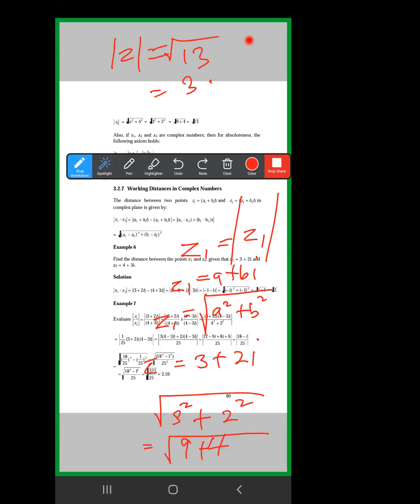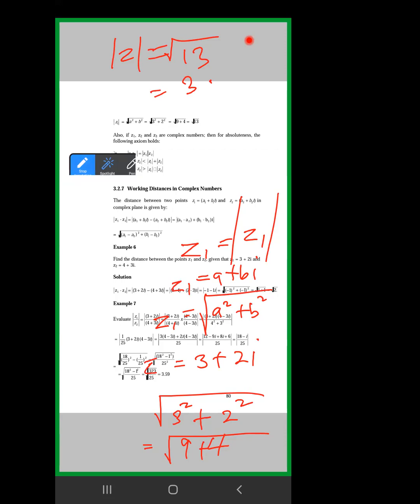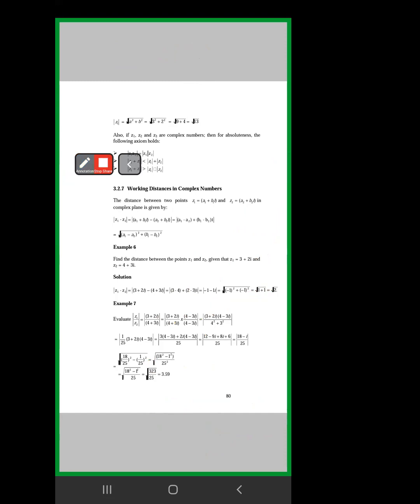Sorry, sir, I have a question. Yes, sure. Ask. The question said if Z equals 3 plus 2i, you said we should just square the numbers and leave the i. What if the question is if Z equals 3i plus 2i? Your question is actually funny because in terms of complex numbers, only one of these will actually be carrying i.